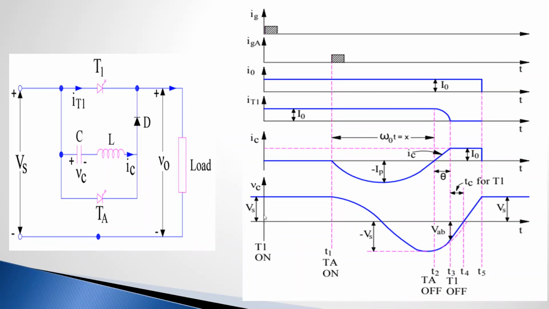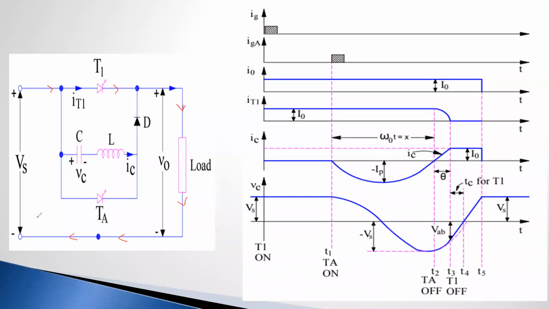When this thyristor is turned on, the current flows through the load circuit in this direction to the negative terminal of the supply voltage. The current starts from the positive terminal of the supply voltage, through T1, the load, and the negative terminal of the supply voltage.